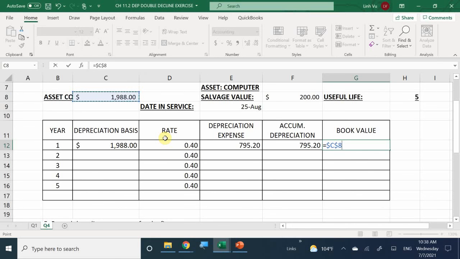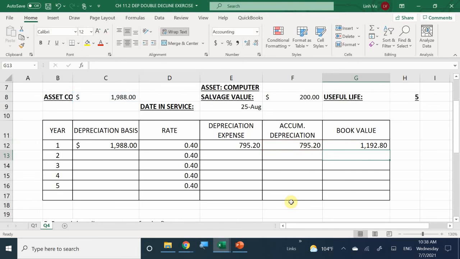And we solved for our accumulated depreciation to be $795.20. So then what should be your book value? Just go ahead and solve for it, and then we'll work backwards. 1192.80.